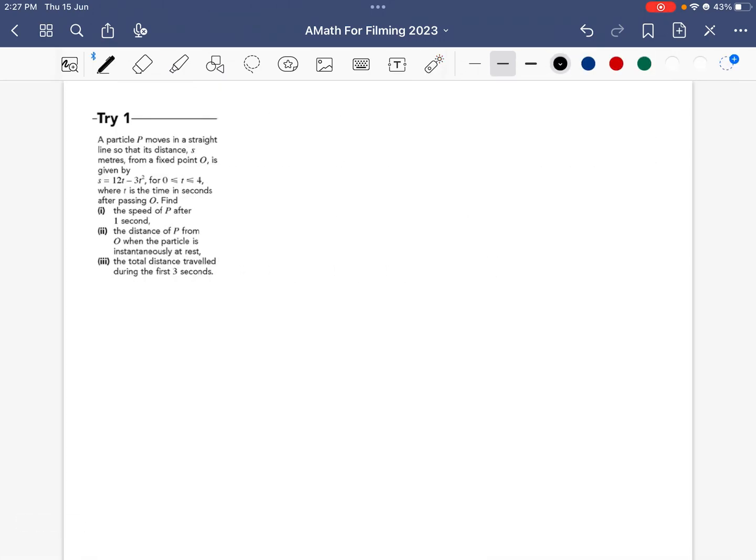So if I were to draw a simple diagram first, this is the origin. Let me just use some really cheapskate animation. It is moving forward. T equals 1 second, t equals 2 seconds, it will stop. Then once it stopped, it is going backwards.